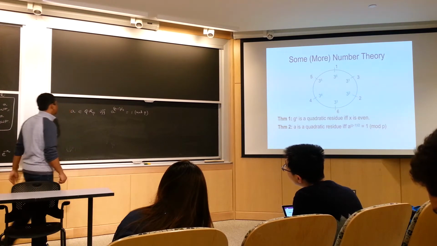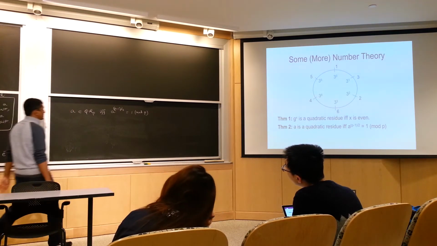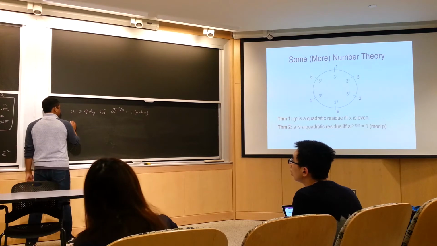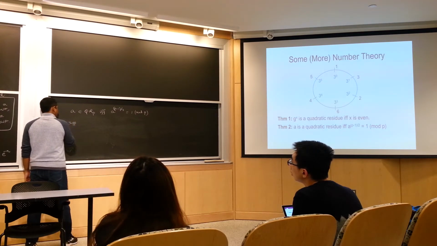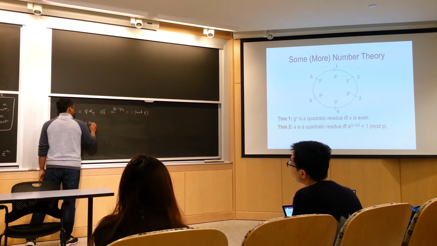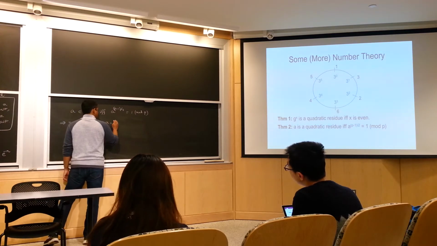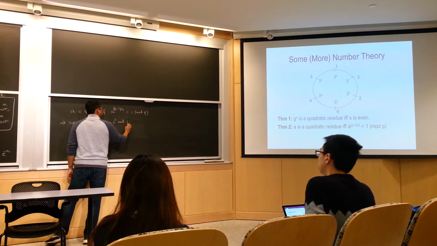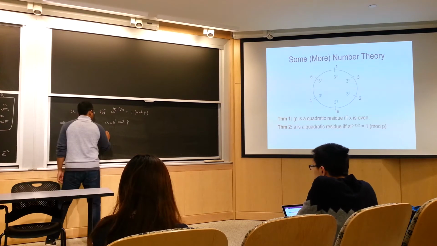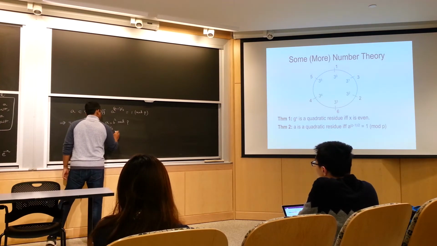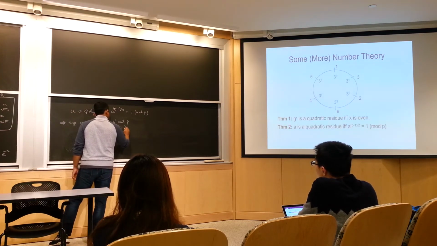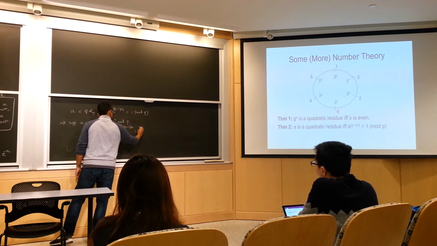So why is this true? In one direction, suppose a is a quadratic residue, so a is equal to b squared mod p. So what is a to the p minus 1 over 2? This is b squared to the p minus 1 over 2, which is b to the p minus 1.